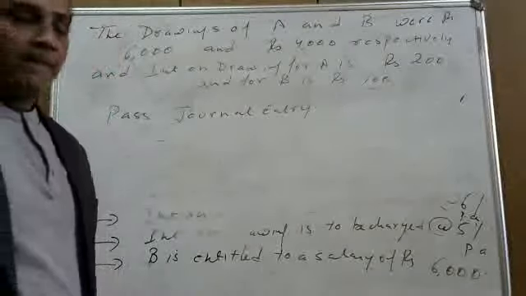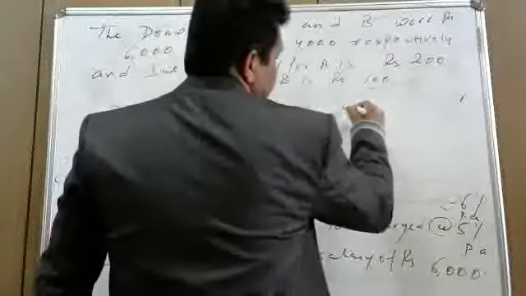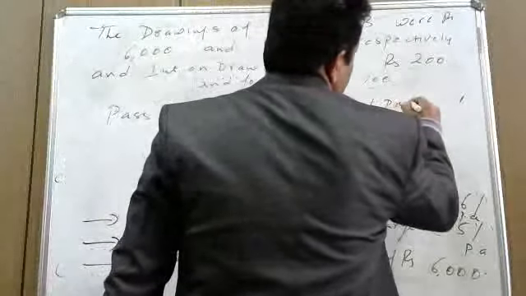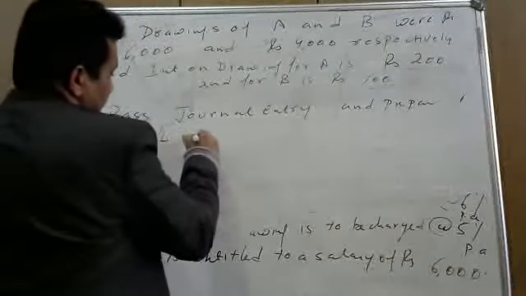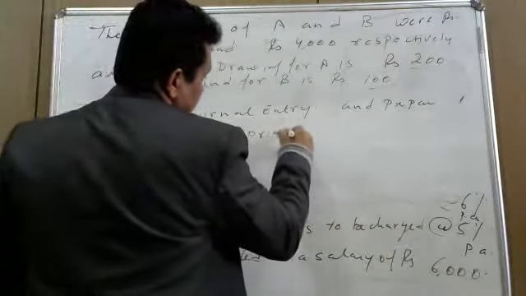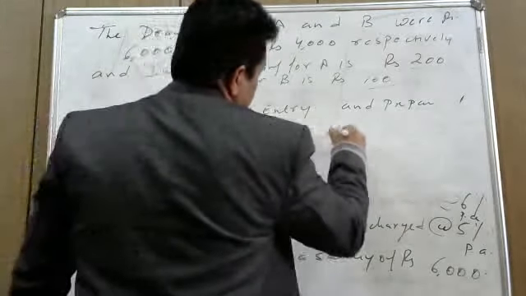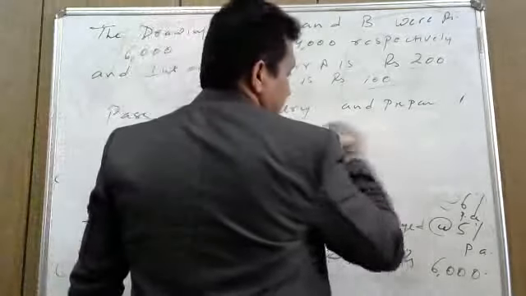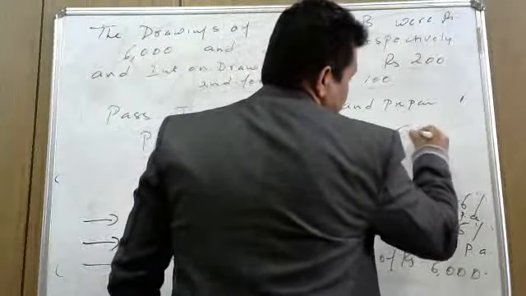You need to pass journal entries and prepare the PL appropriation account as well as capital accounts.